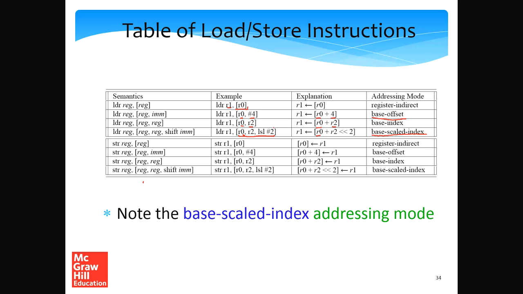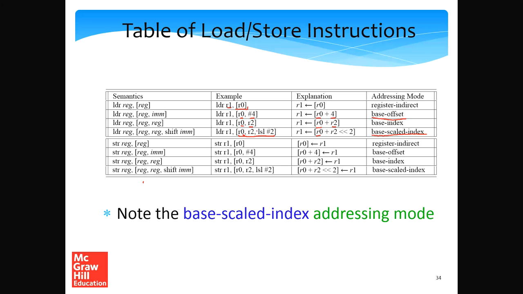The portion of text within the square brackets denotes the address, and the memory address is computed as follows. It is R0 plus R2 multiplied by the left shift amount or divided by the right shift amount. In the case of a left shift, it is R2 LSL hash 2. This R2 LSL hash 2 is a shifter operand, and instead of LSL we can have LSR, ASR and ROR.